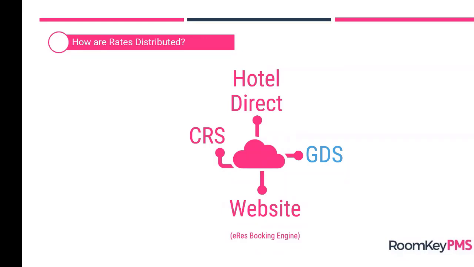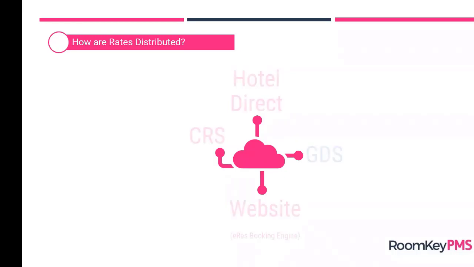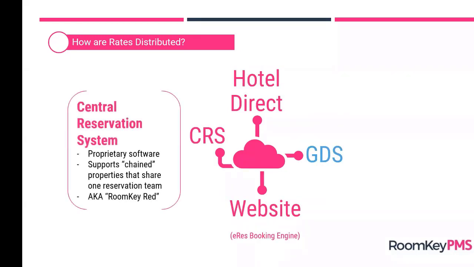Now, we do have two acronyms that are displayed on screen as well. We have the CRS distribution channel on the left and the GDS distribution channel on the right. CRS and GDS, if you look up these terms online, you're going to get a lot of different definitions. But for the purposes of RoomKey, I would like to clearly define our CRS channel first, and that is our central reservation system, CRS.